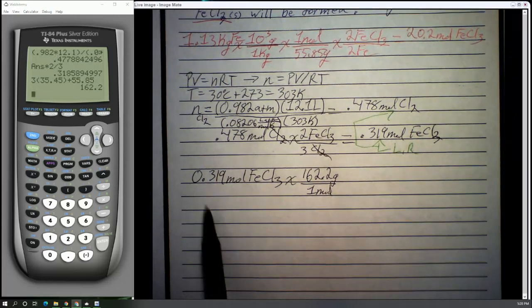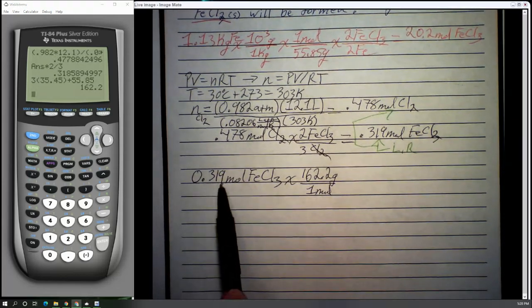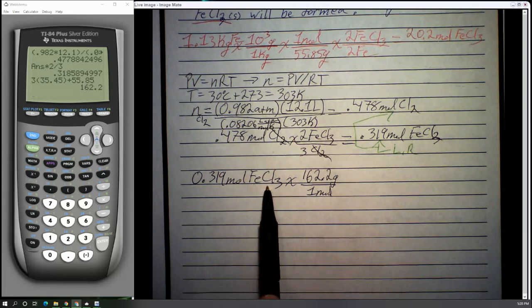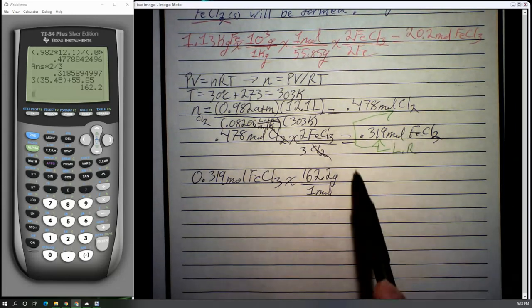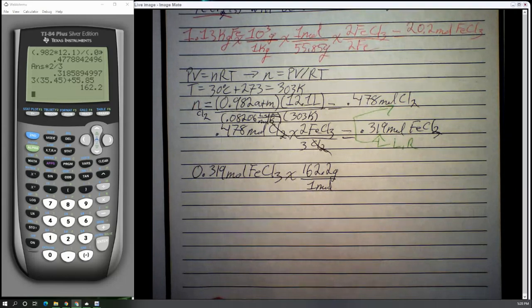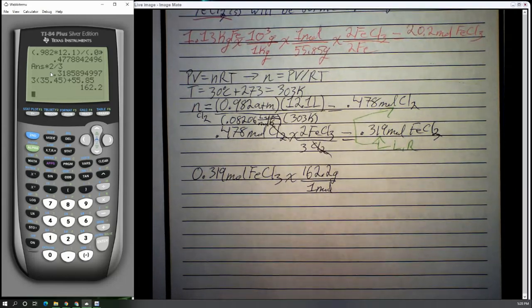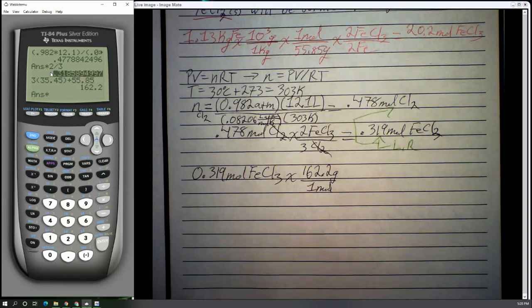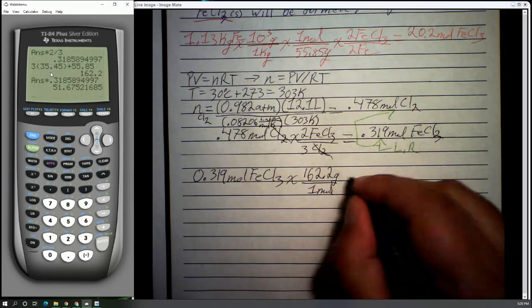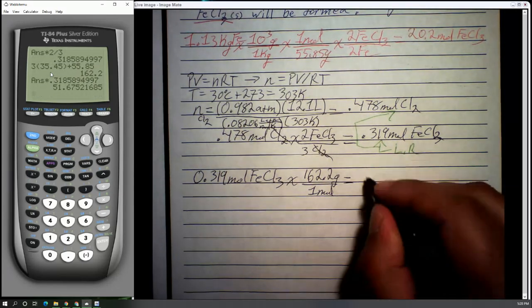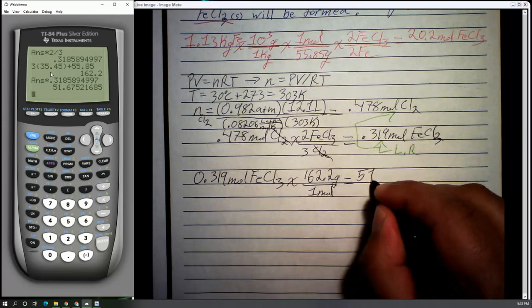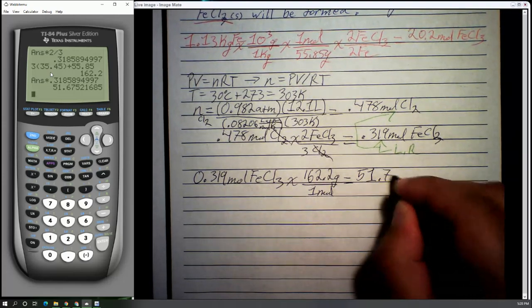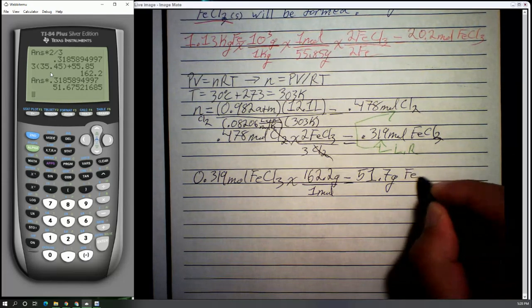Okay, so to get our theoretical yield, we'll take our moles of iron 3 chloride produced by our limiting reagent, multiply by its molar mass, and then we'll be good to go. So in theory, we will make 51.7 grams of the iron 3 chloride.